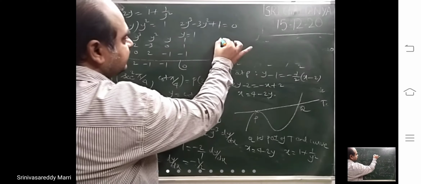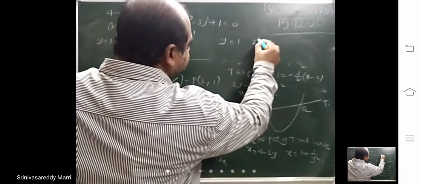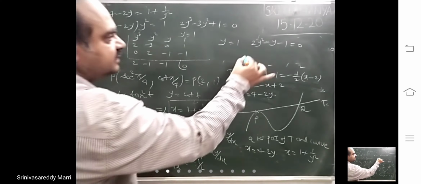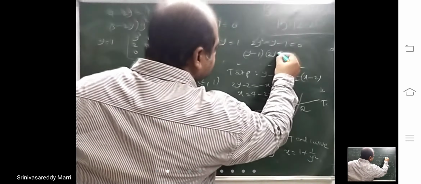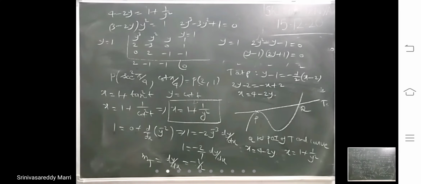That means y equal to 1. Then this one: 2y square minus y minus 1 equals 0. If you factorize this, (y minus 1) into (2y plus 1) equal to 0.